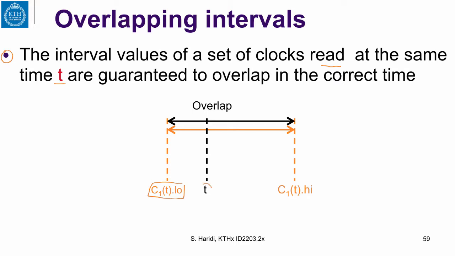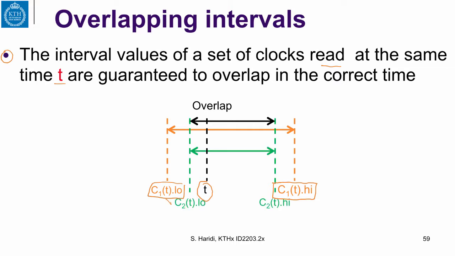We know that the real time t, or the true time t, is between these two boundaries, the low and high of that clock. If we also have another clock on another processor at the same time t, these two intervals overlap. You can see the overlap here. Even if we have a third clock, these three intervals now overlap, and here is the overlapping period. So this is guaranteed by interval clocks.